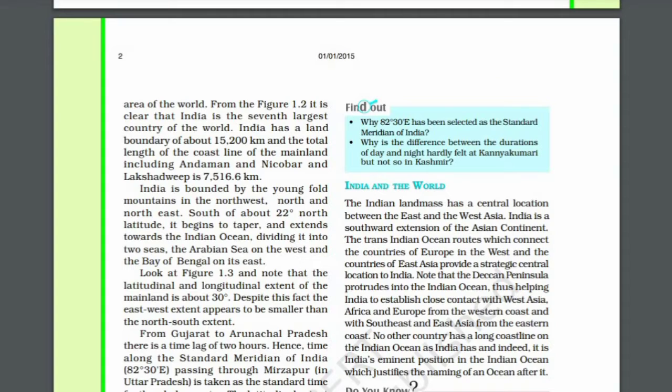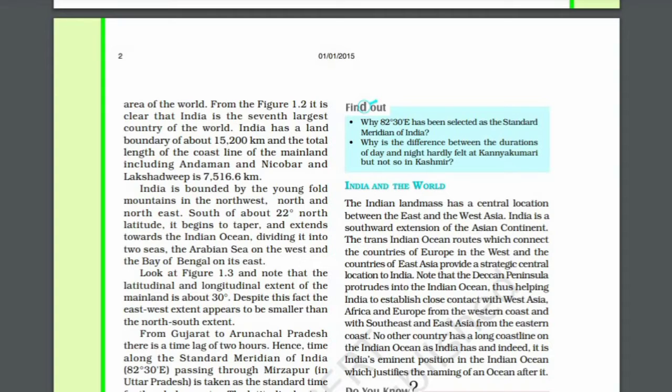made up of mountains. South of about 22 degrees north latitude, it begins to taper and extends towards the Indian Ocean, dividing it into two seas, the Arabian Sea on the west and the Bay of Bengal on the east.